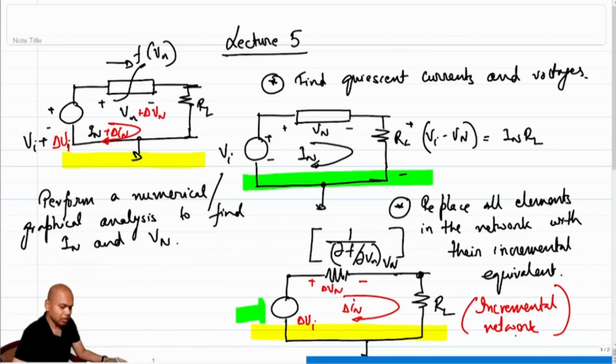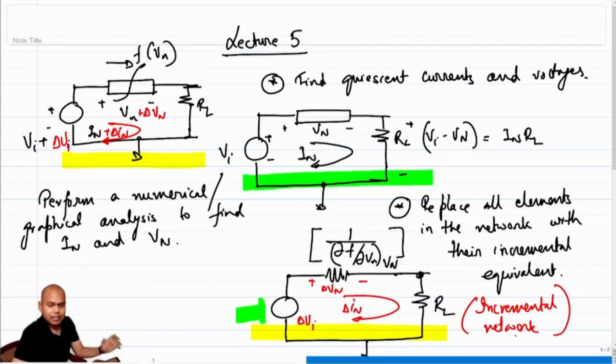But note that you have to be slightly careful. You cannot do this for any values of delta Vi. Why? Because this linearized version of the incremental equivalent is only valid when you can neglect the higher order terms. And if delta Vi keeps on increasing, the higher order terms of the Taylor series will be non-negligible.